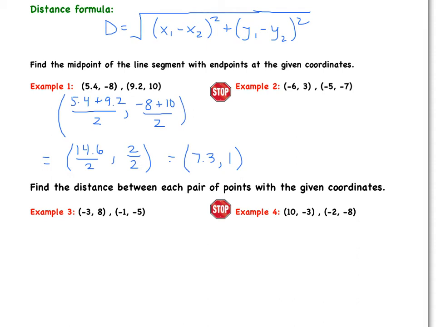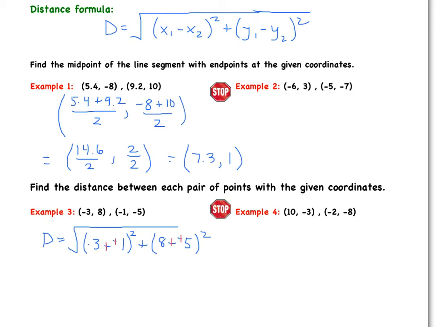Our distance, d, is equal to the square root of x1, so -3, minus a -1, so that's going to go to a plus, and we're squaring that, plus 8 minus a -5. Again, that's going to go to a plus, and that quantity squared.